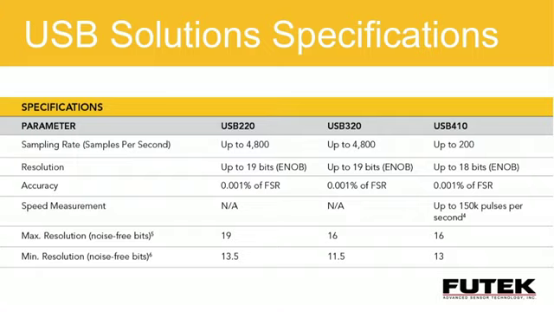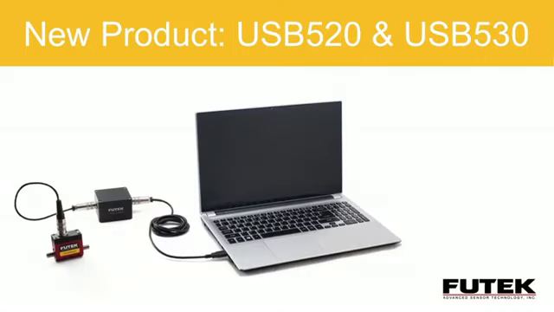I'd also like to point out that when you look at our resolution, we're very specific in indicating noise-free bits. This is based on significant testing done by FUTEK, and we believe this is important because in many cases this type of information is misrepresented by just presenting bit resolution without taking into consideration noise level influence.